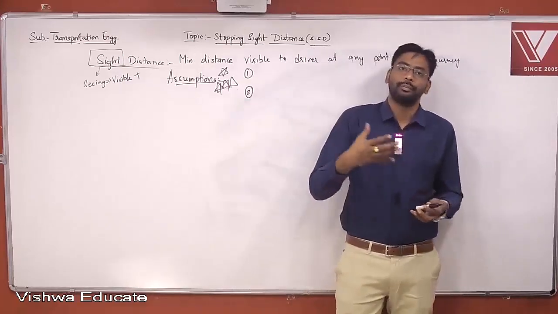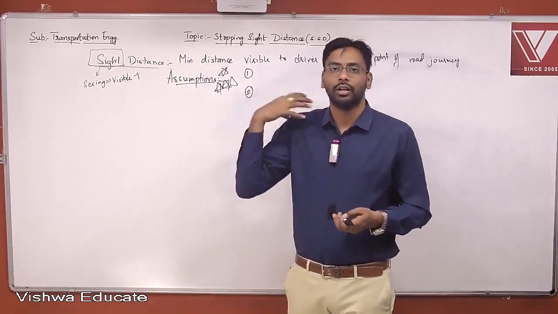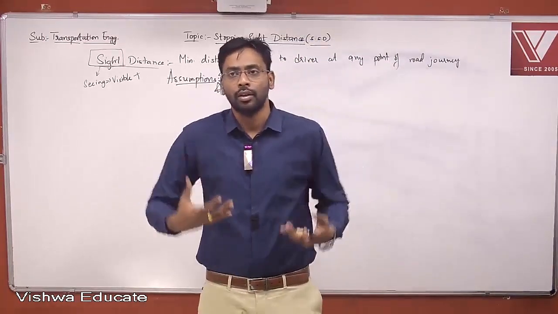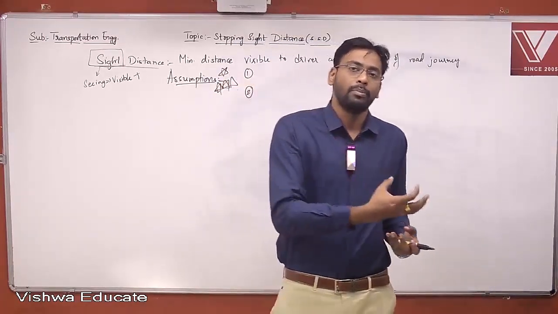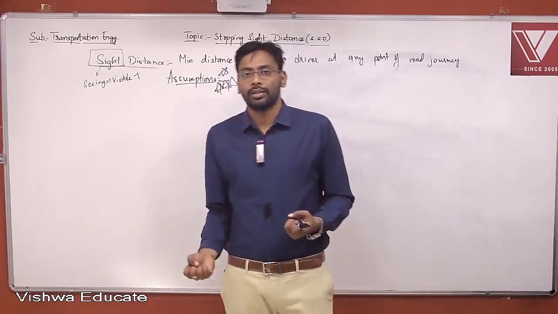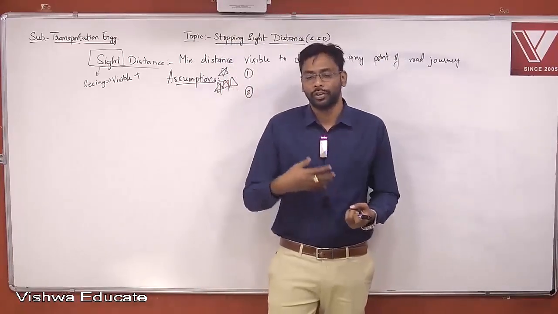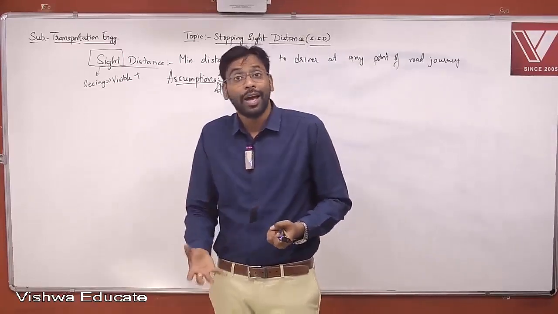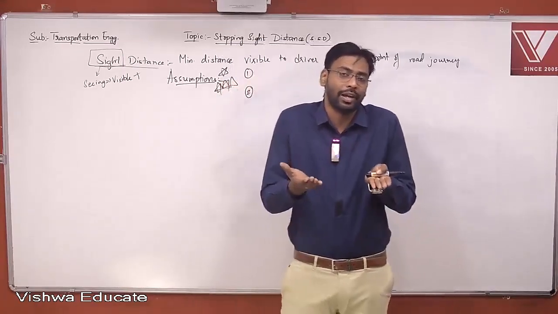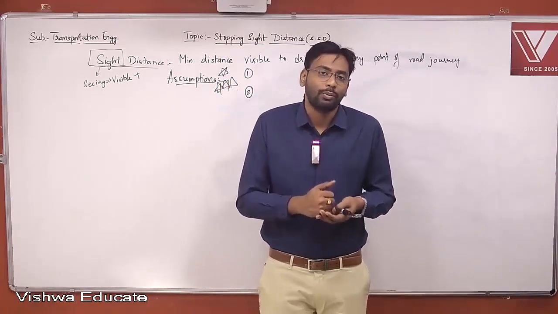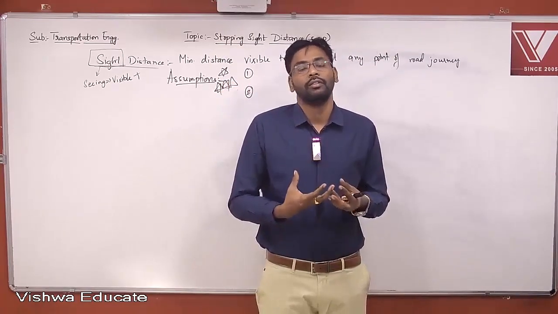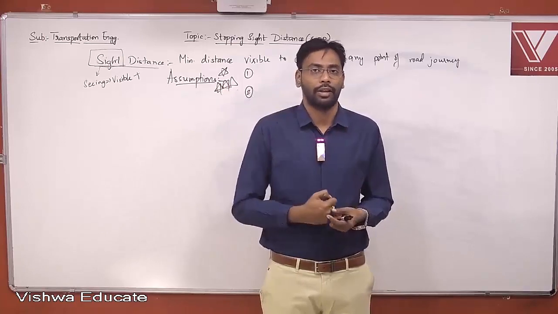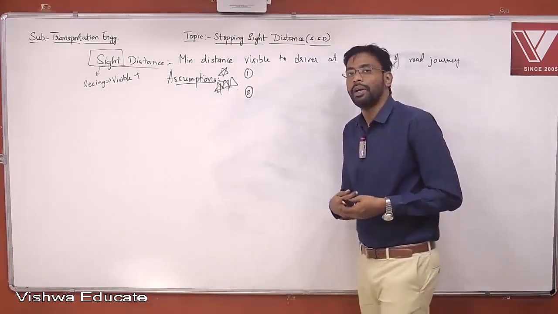Now, different persons have different heights. Different cars, two-wheelers, lorries or trucks moving on the road will have different seating heights. So how much should I consider for the driver's height level? That is why we make an assumption here.